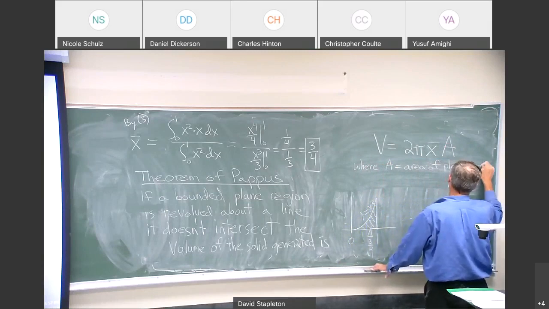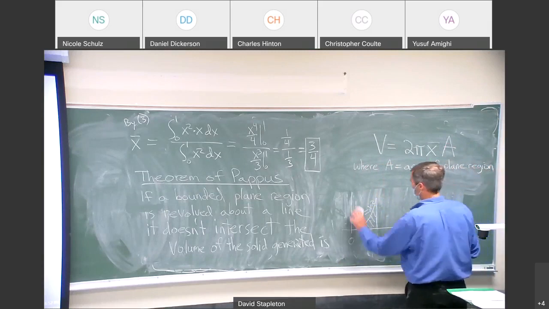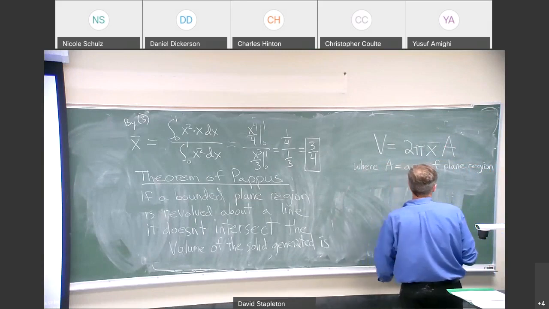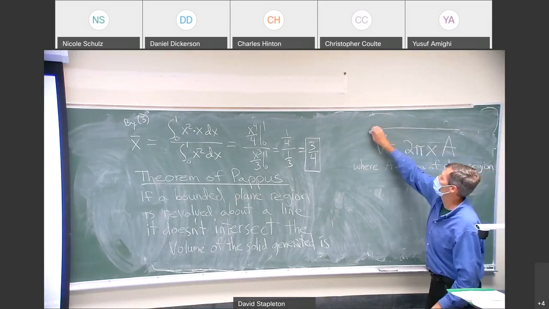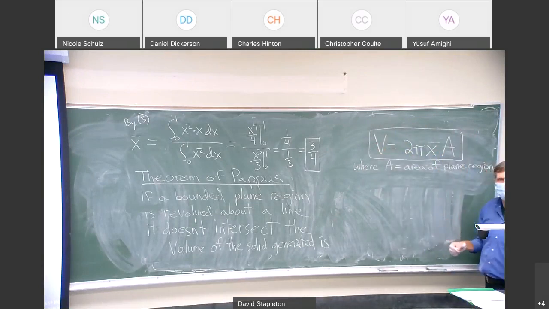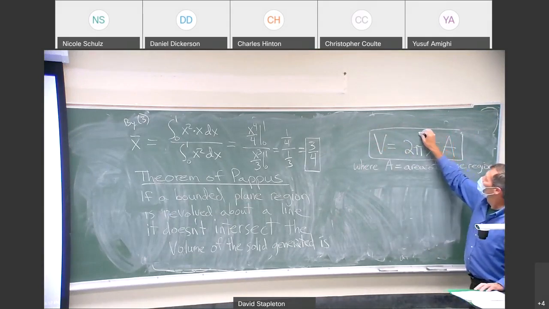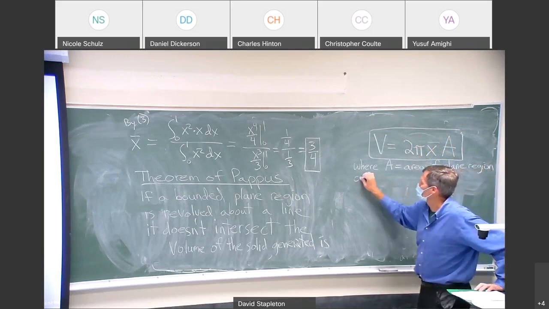So this assumes that it actually has an area, which is what we mean when we have a plane region. And what's the significance of this? X bar is the centroid.